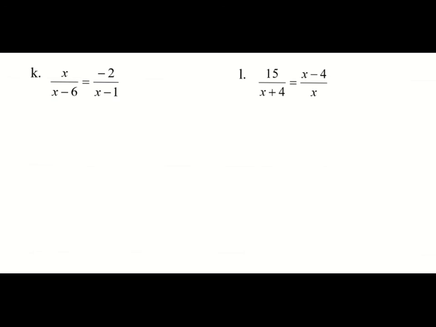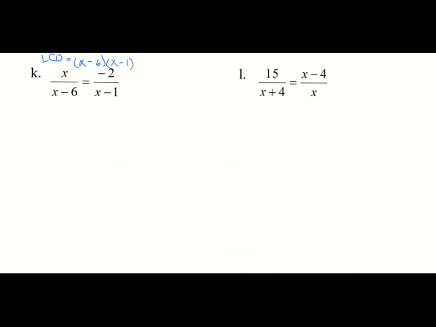Okay, so here we have our last two for this video for part 1, and then we'll start with part 2 shortly. Here I have two expressions. I have x minus 6 and x minus 1. So that is going to be my LCD. I'm going to put them together. So my LCD is going to be x minus 6 times x minus 1.